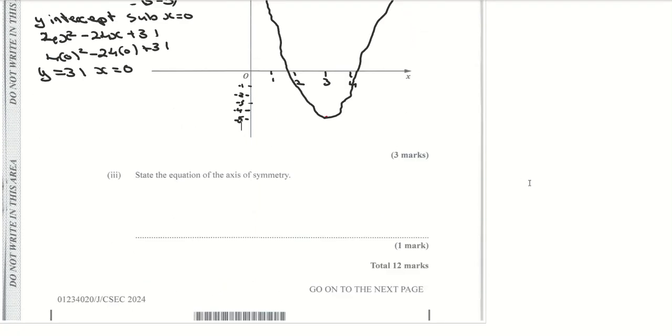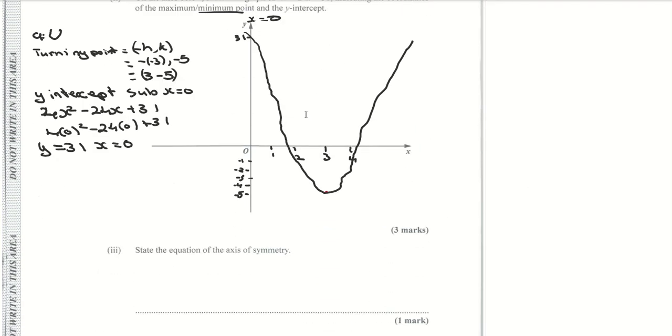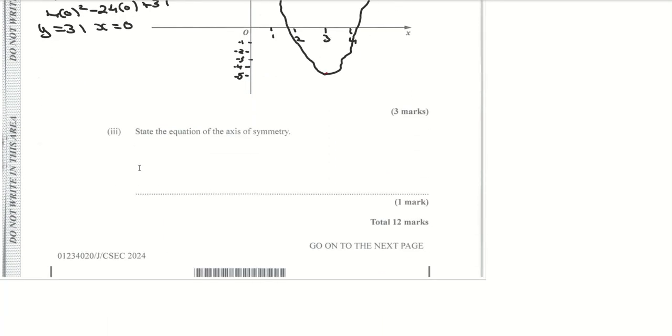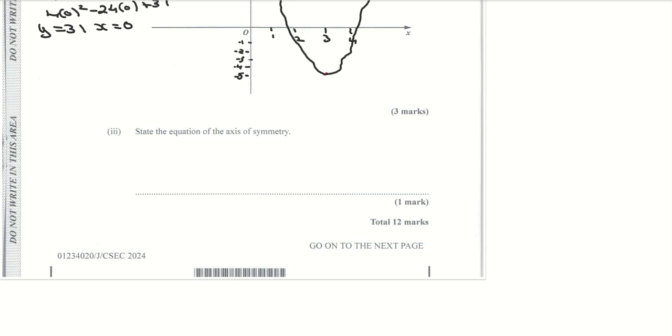Okay, now they said state the equation for the axis of symmetry. Again, I told you guys that your axis of symmetry, and I said it here, is minus h. So this is why it is 1 mark. I'll just erase this and write it back properly.